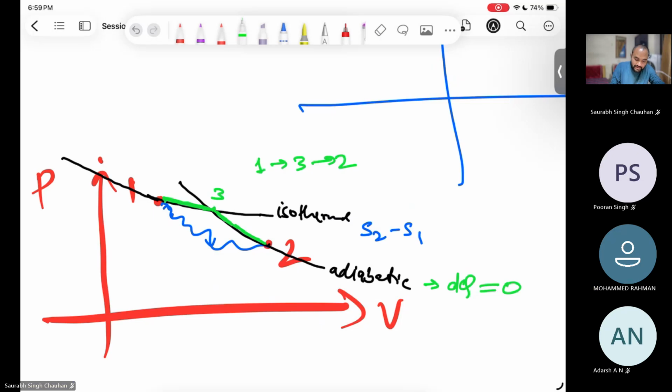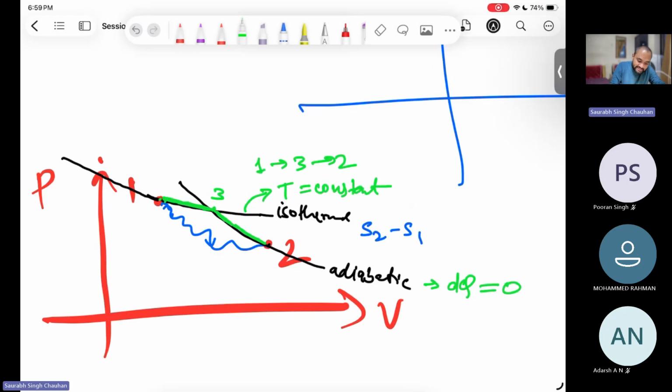Right, sir. Okay, and along the isothermal path, what is the heat transfer between point 1 and point 3, that you can calculate. Along this isothermal path, T will be constant.